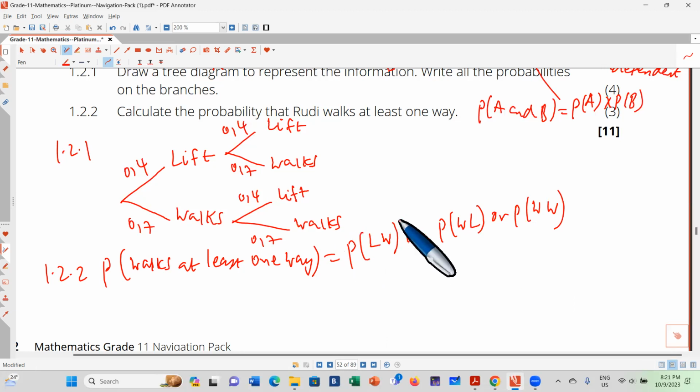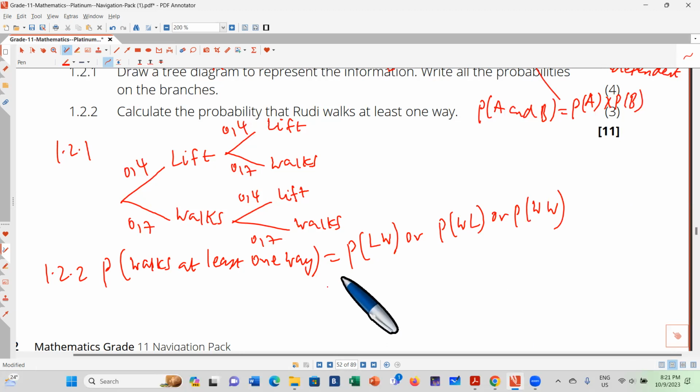He can get a lift to school and then walk back, or walk to school and get a lift back home, or walk both ways, because at least means one way or more.